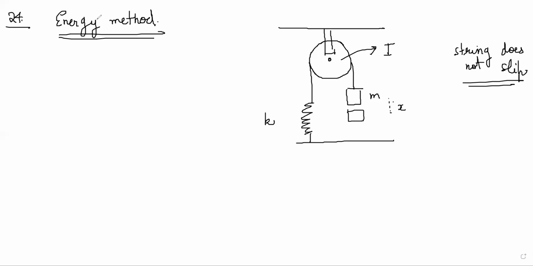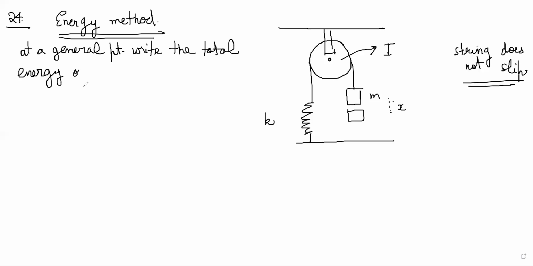In the energy method, at a general point, you write the total energy of the system. Once you write the total energy of the system, you can say that dU by dt should be 0, if it is SHM.